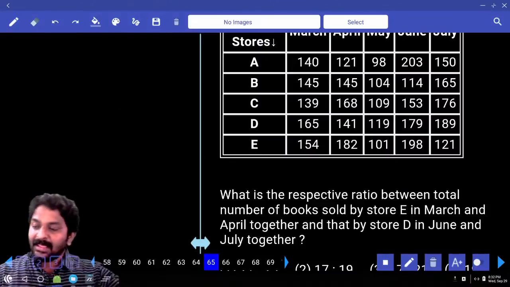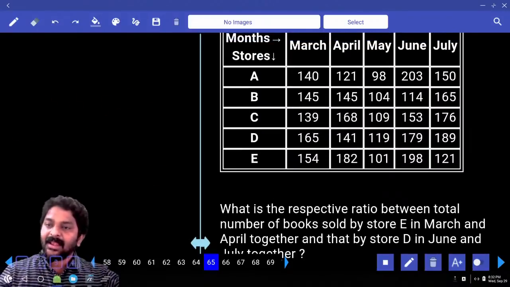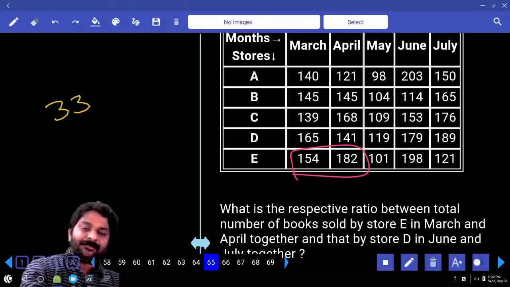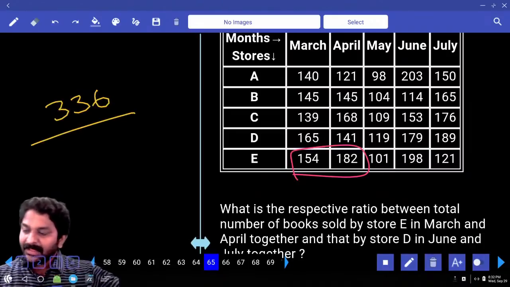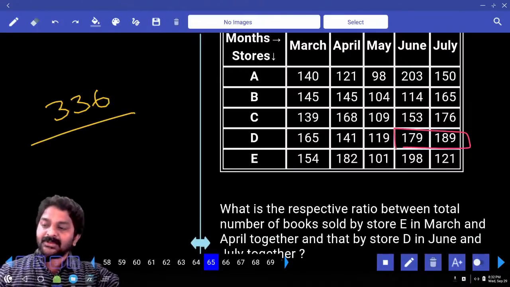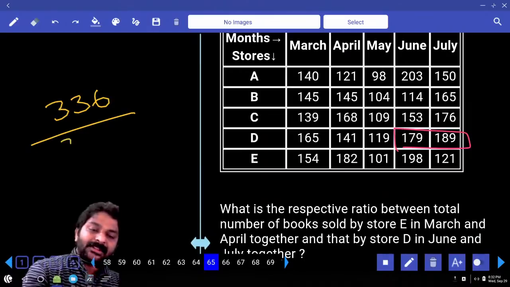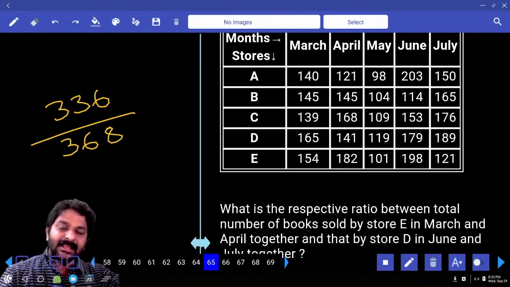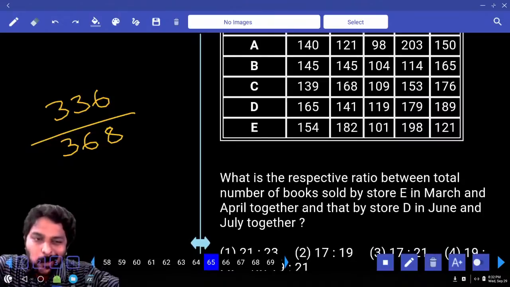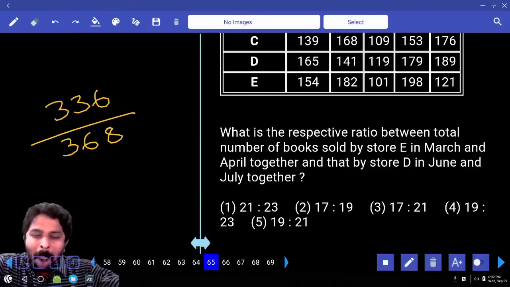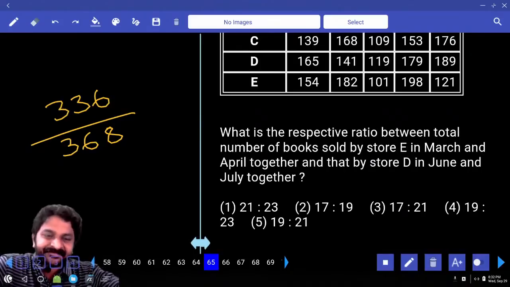What is the respective ratio between total number of books sold by E in March and April? E in March and April. Right. Sum of these two numbers, 336, divided by D in June and July, which is equal to 368. Is it clear? Is your numerator a 3 multiple?